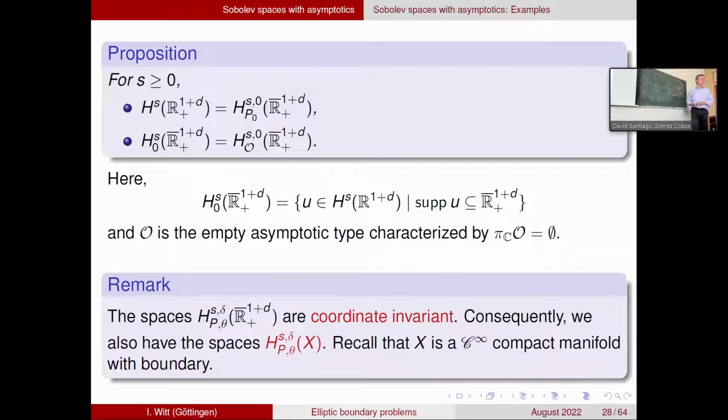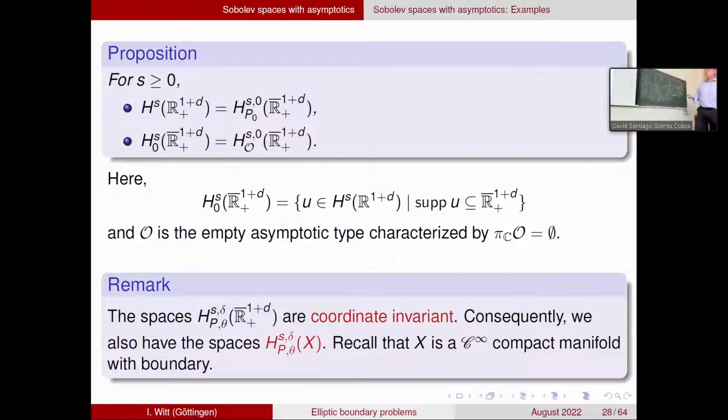So all basically what we have done in the spaces, including also these correct traces, is we have just replaced the 0 here by some general delta. We have replaced that by some asymptotic type P, which is possibly different from P_0. That's all we have done. Otherwise, we have exactly the same spaces as before.